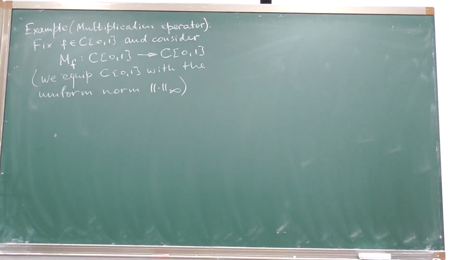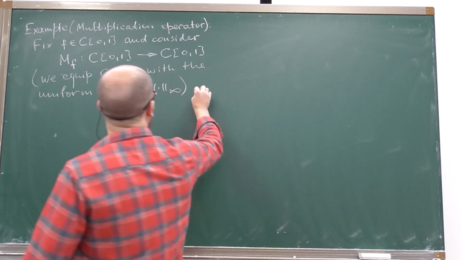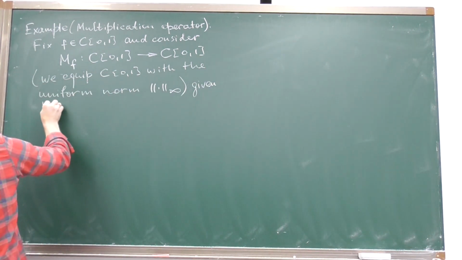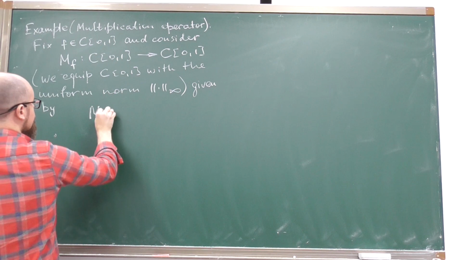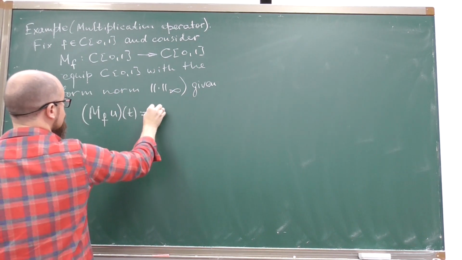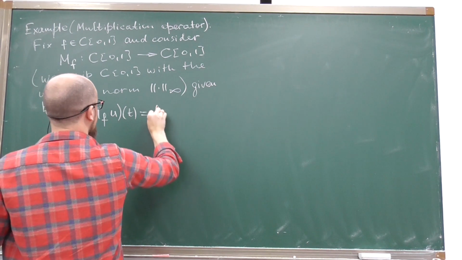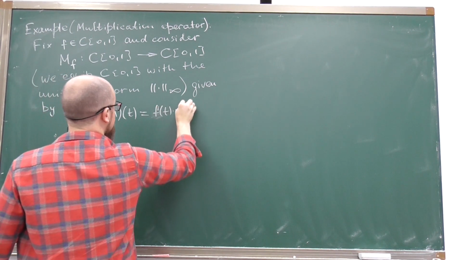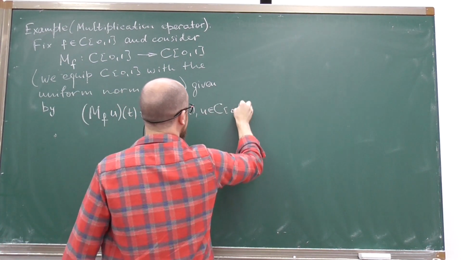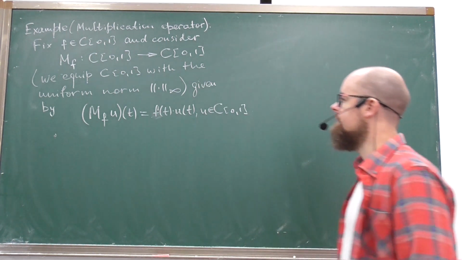So I said that we consider the multiplication operator, stated the domain and the codomain. The formula is given by: M_f acting on a function u equals f of t times u of t for any continuous function u defined on 0, 1.